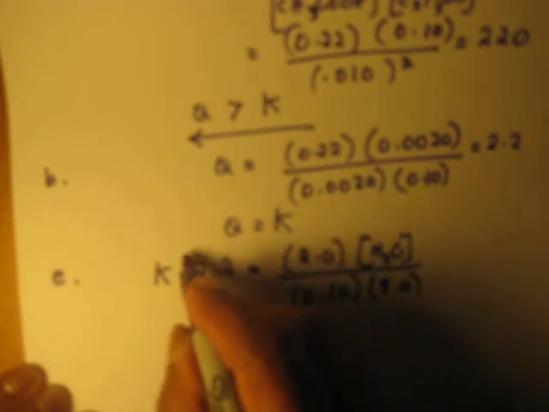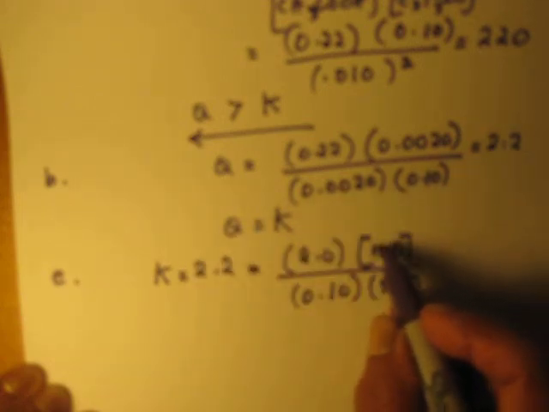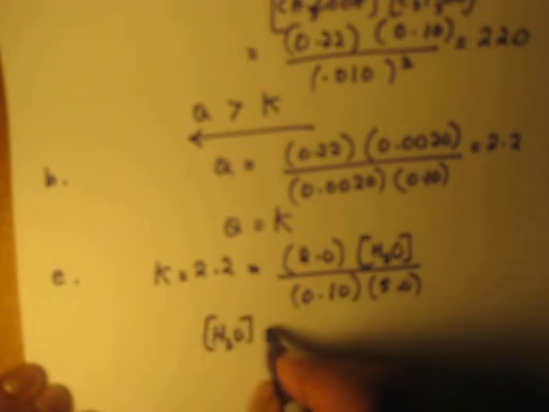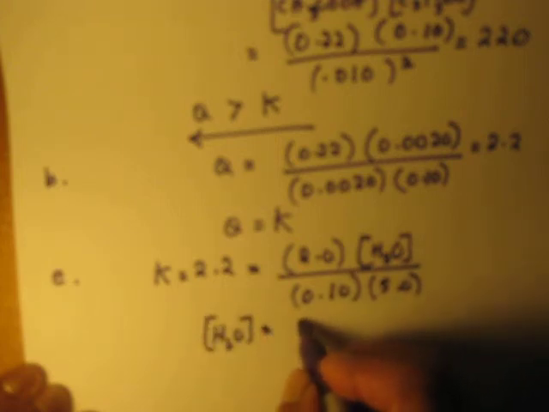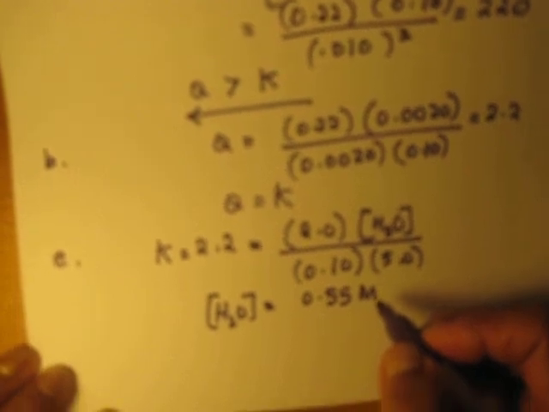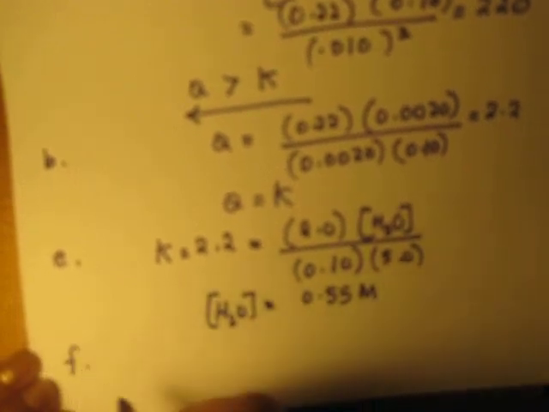In this equation there is only one unknown, so your H2O concentration will be 0.55 molar. That's your E.